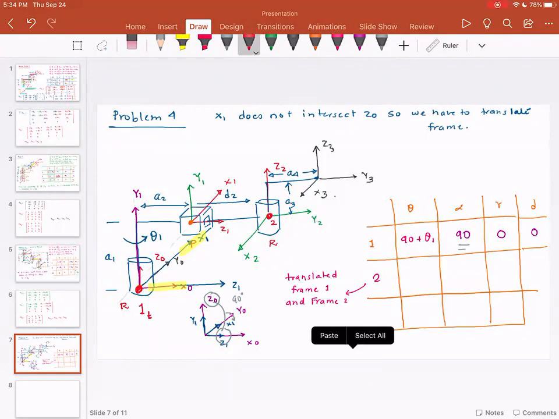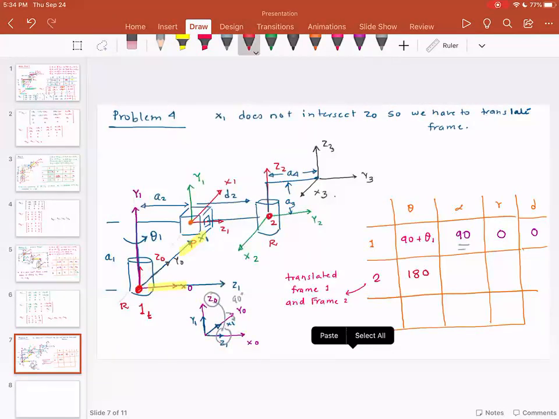So the rotation is about Z1. Locate where my Z1 is. Z1 is along the horizontal line. The rotation around Z1 so that X1 gets aligned with X2, that is 180 degrees.